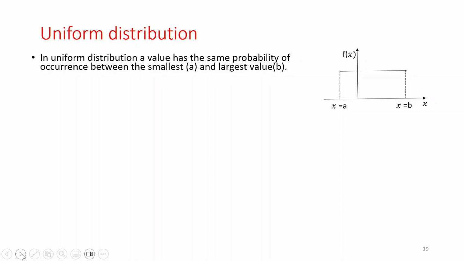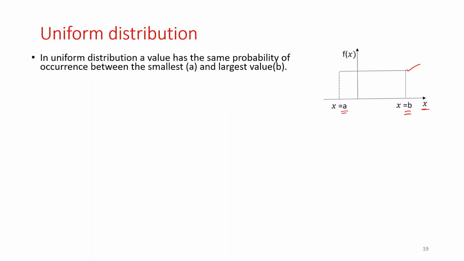So here, the smallest value of x is a and the largest value is b. And if we say the distribution is uniform, that means the line which you see parallel to the x-axis indicates the probabilities.